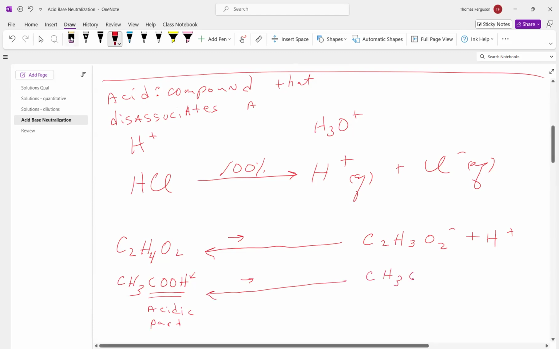One other thing too. Whenever we have an ionic reaction, we always write the cation first, positive one first. So that means the H comes first.